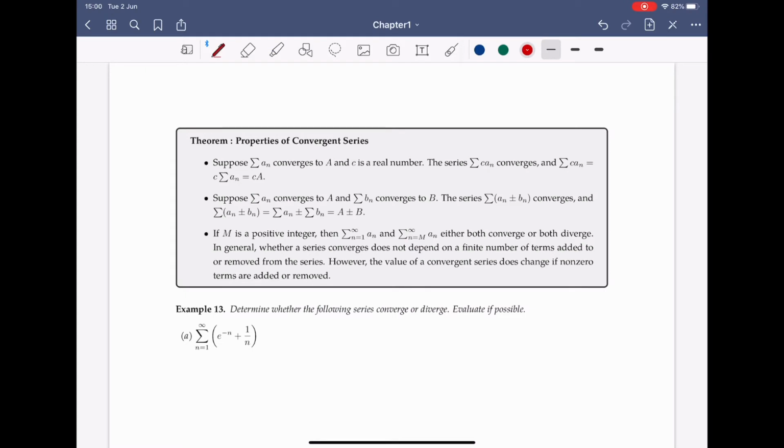Before we start doing some examples, let's talk about properties of convergent series. We have 3 properties here.